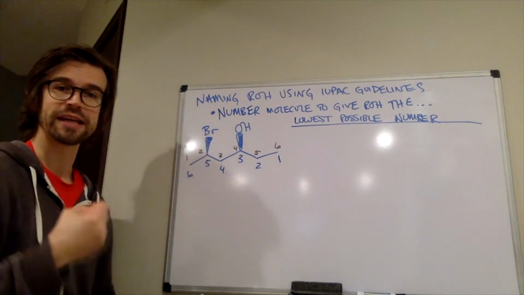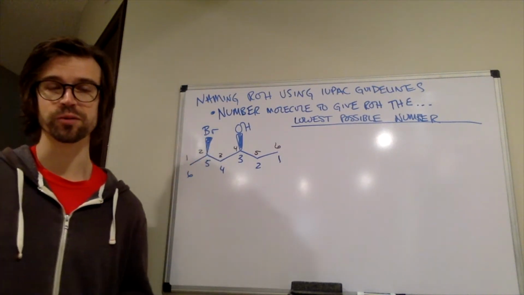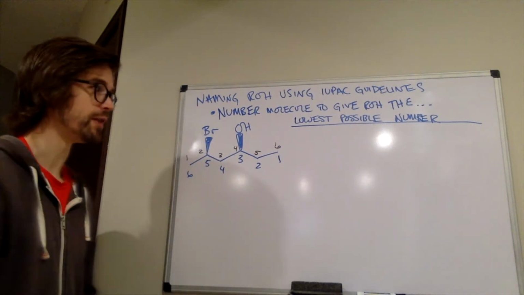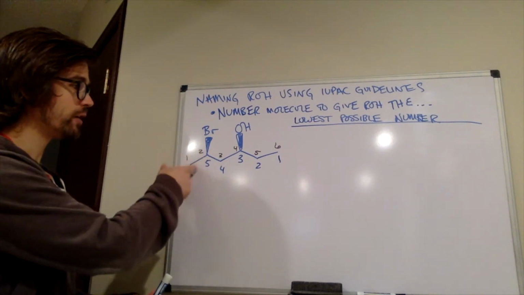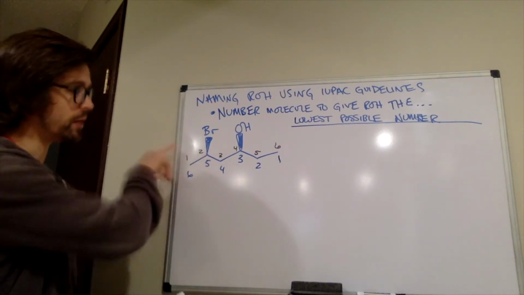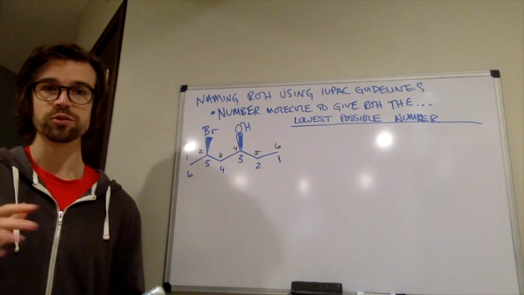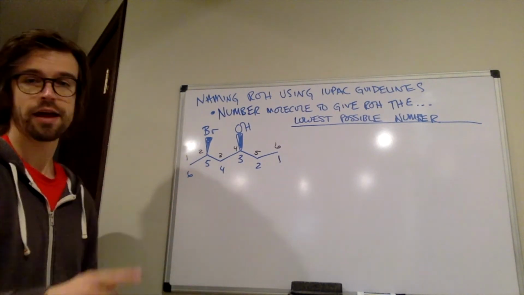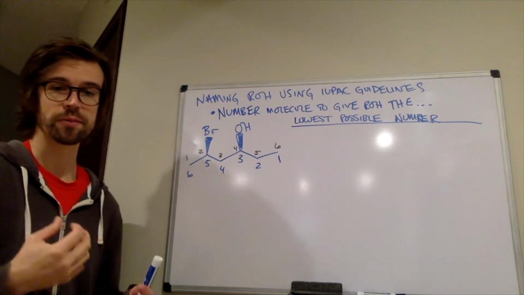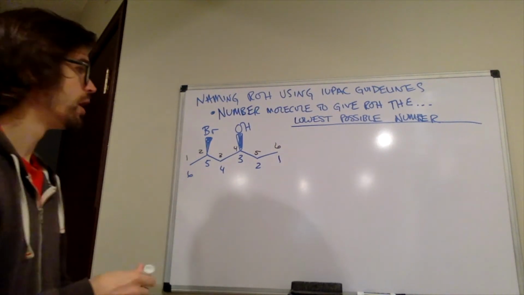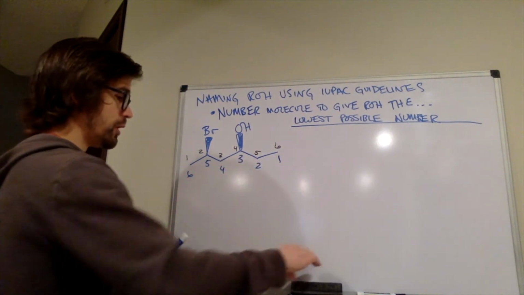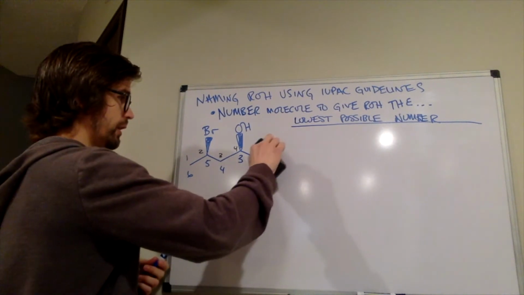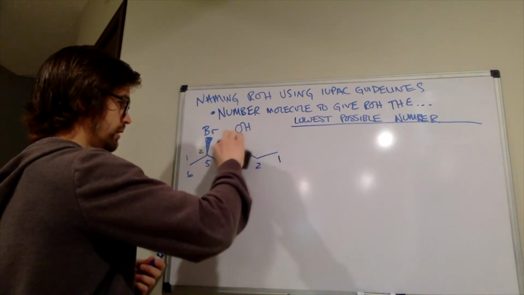And it always takes priority over any of the functional groups we've talked about before. So even if something like a bromide could be number 2, if we numbered left to right, that loses to the overall new rule of alcohols get the lowest possible number. So we want them to come up first on our carbon skeleton. So that's new. So I'm going to erase that top numbering to say that's not correct.